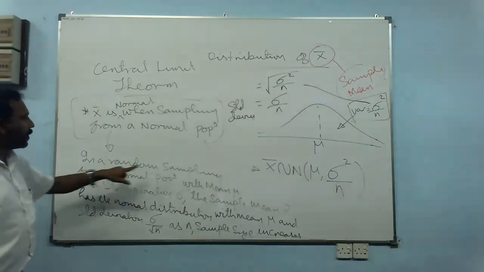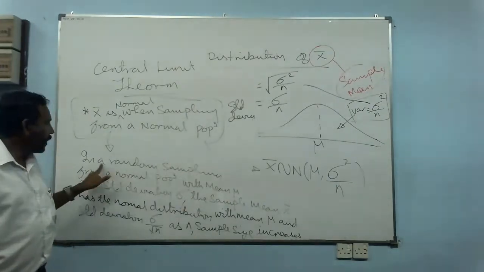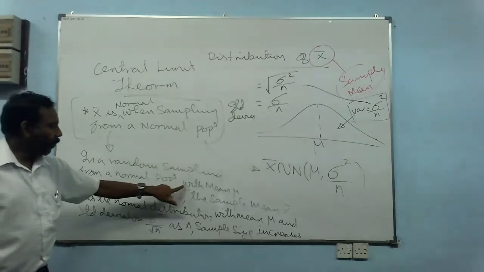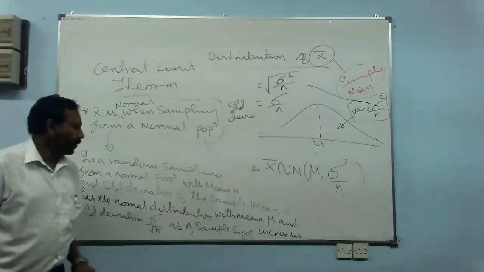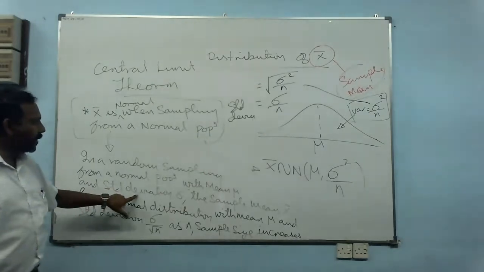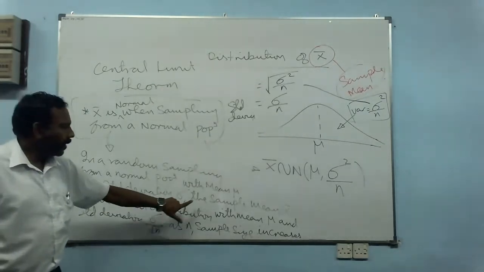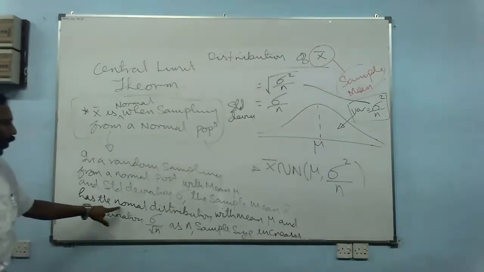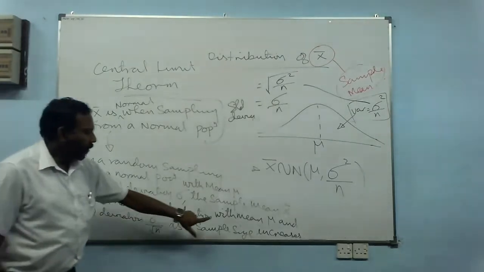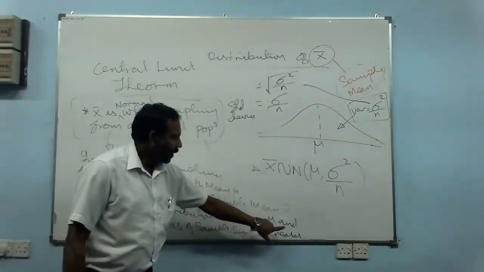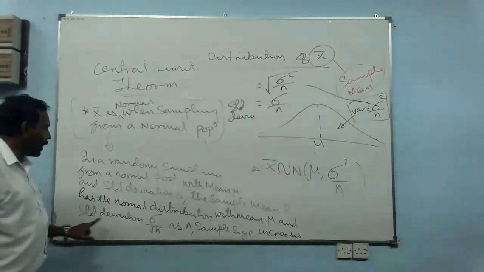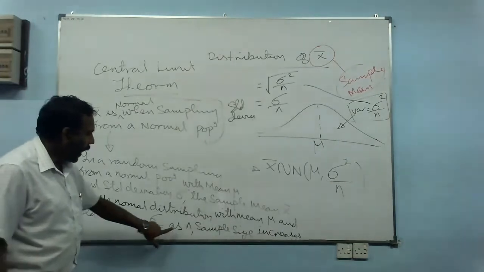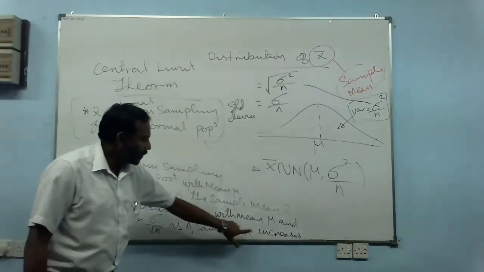In a random sampling from a normal population with mean mu and standard deviation sigma, the sample mean x bar has the normal distribution with mean mu and standard deviation sigma divided by square root of n as n, the sample size, increases.